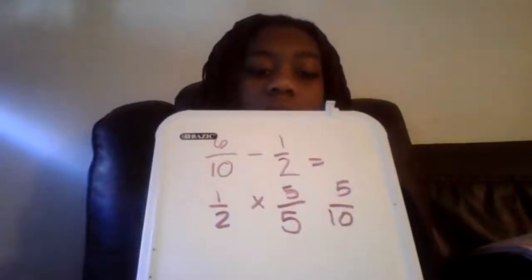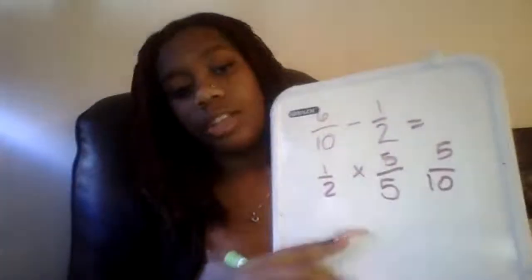What you do to the bottom, you do to the top, and vice versa. So 1/2 turns into 5/10. So now I'm going to replace it in the problem with the new fraction and solve.